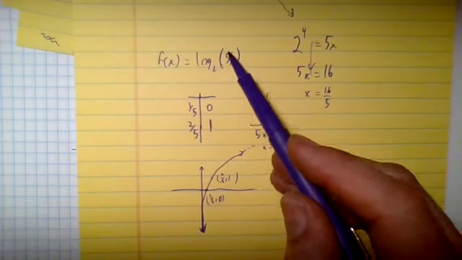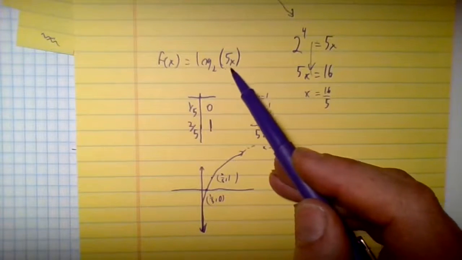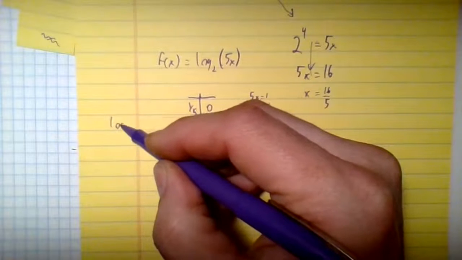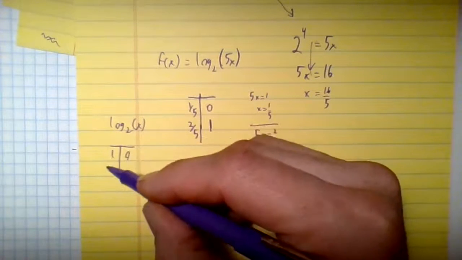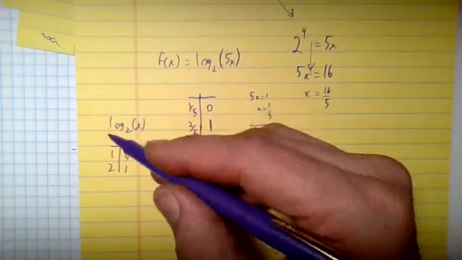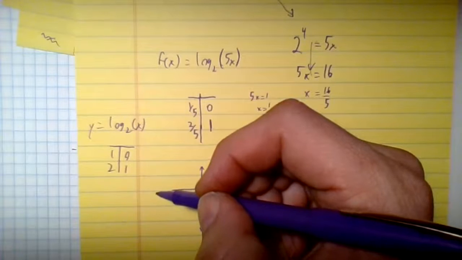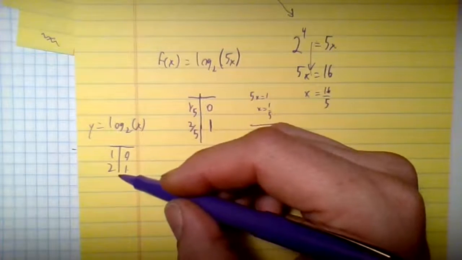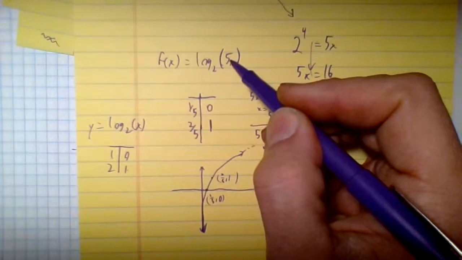This sort of thing, the 5x in here is a horizontal compression of the function. So your base function log base 2 of x would go through 1, 0, and 2, 1. Those would be the main points for a regular log base 2 of x. Whatever the base is gives you 1. That changing that to 5x in there is a horizontal compression.